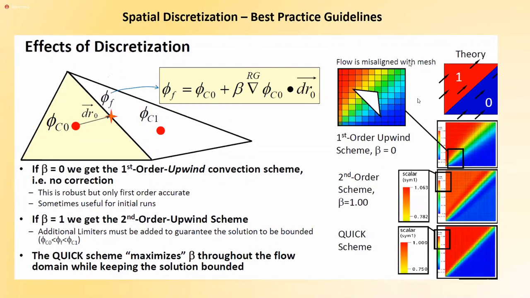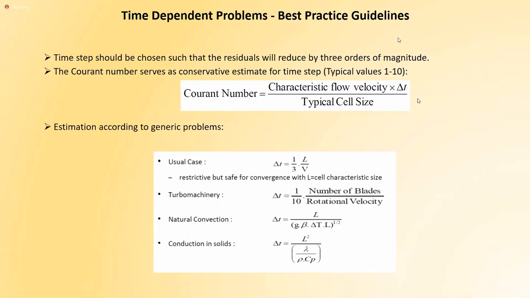Time-dependent problems. As I said before, the characteristic is velocity times delta t, the typical cell size.